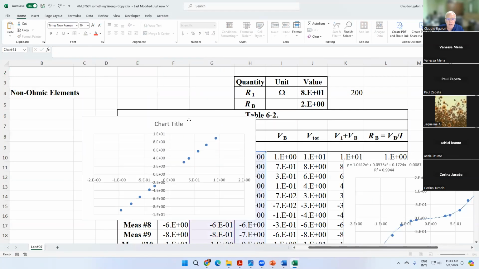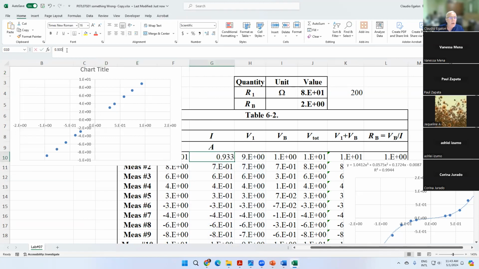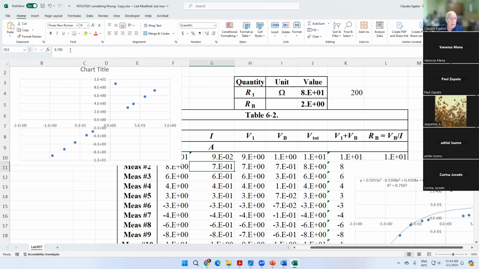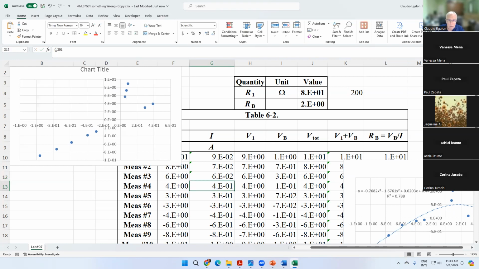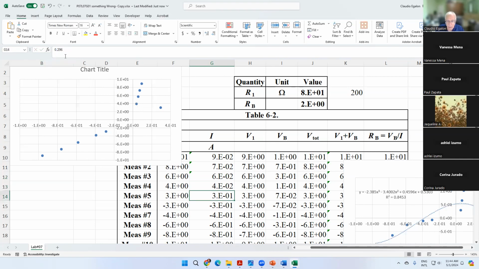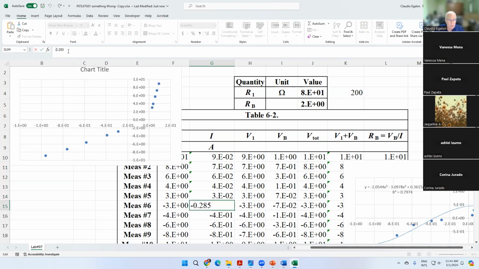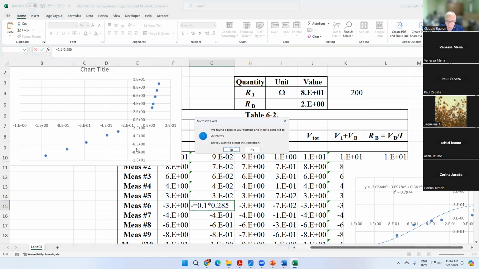If I get good data here, then I don't need to divide by 10. Let's see if we get better data now if we do that.